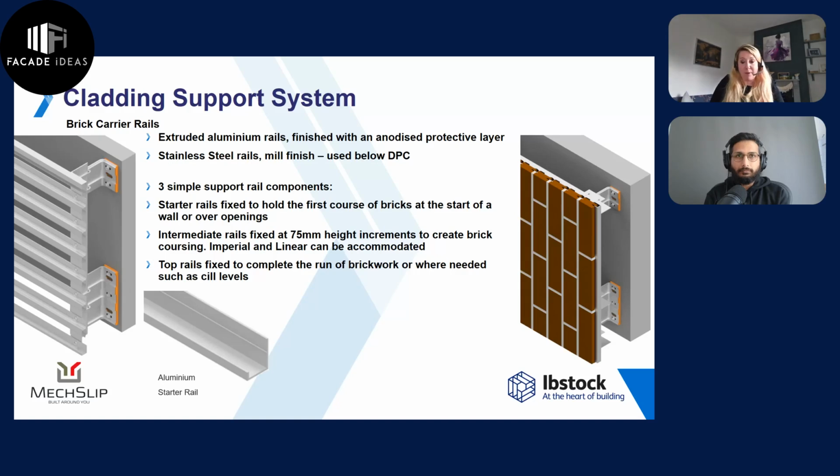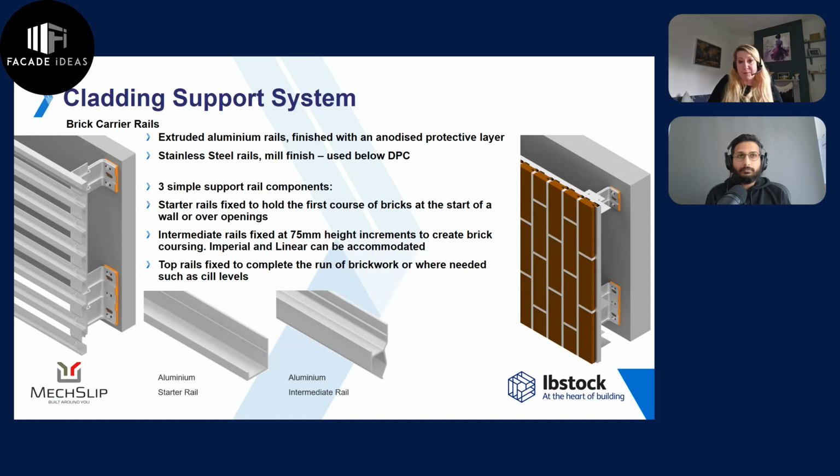So it's very simple. We start at the first course of bricks, or indeed, if we have window or door openings, we would obviously put a starter rail there to take that first course of brickwork. We then have an intermediate rail, and this supports the majority of the brickwork. Typically it's set at 75 millimeters because that works with our UK metric sizing of 65 millimeters high plus 10 mil mortar joints.